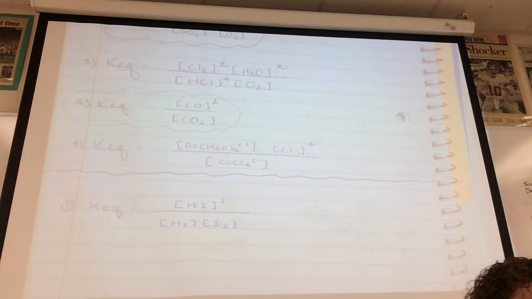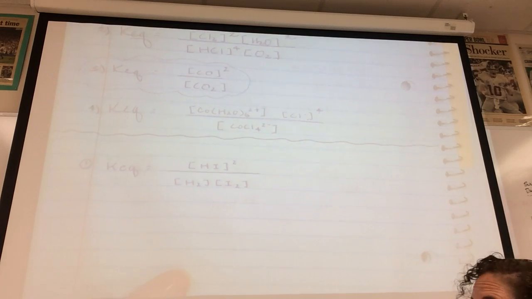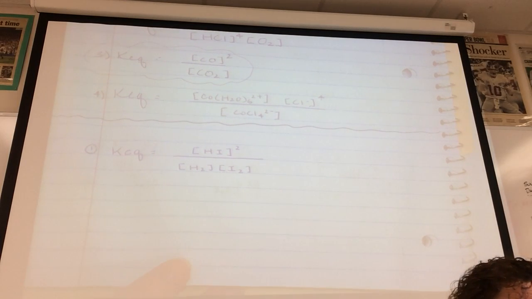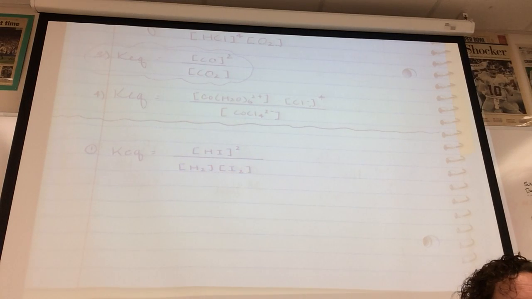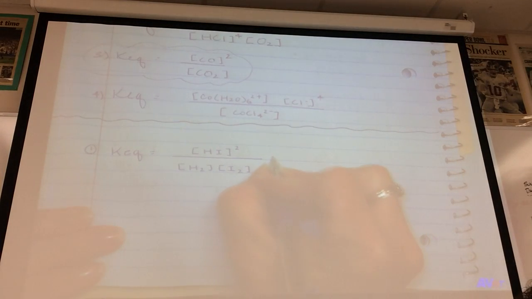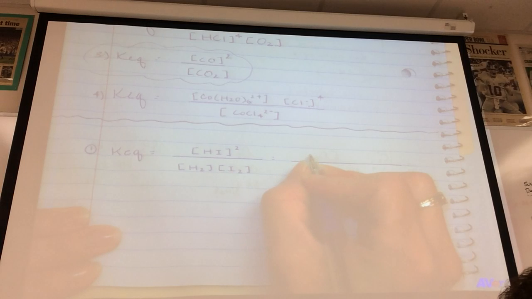And that's why you have to be able to write a KEQ expression. This shows the relationship between products and reactant concentrations. Questions on writing KEQ? Once you write it, then it's pretty easy. You plug in those concentrations and you solve it.